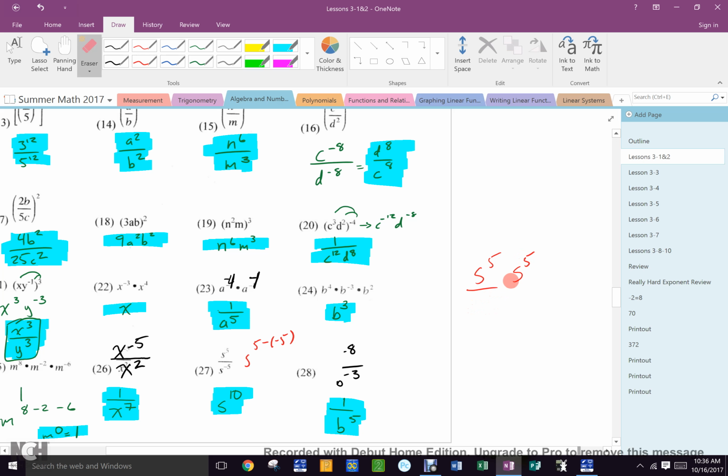So now I have 5 s's, s, s, s, s, s, and 5 more s's, s, s, s, s, s, 10 s's. Okay? That's why I don't like teaching the laws first. Because if you teach the laws, then you guys see 5 minus 5 right away, right?